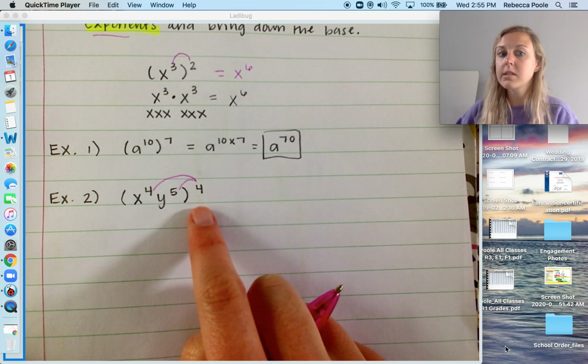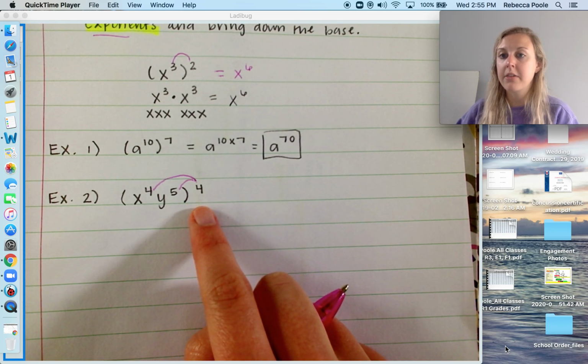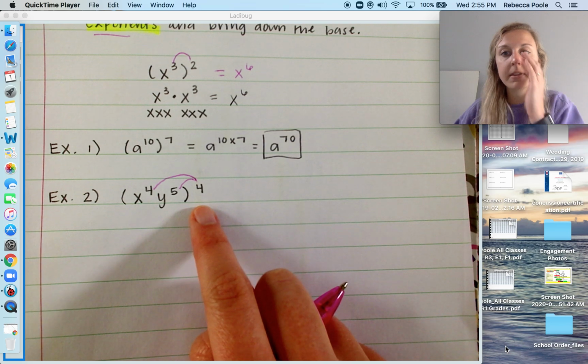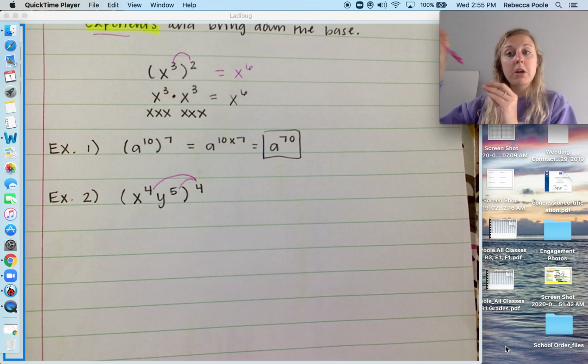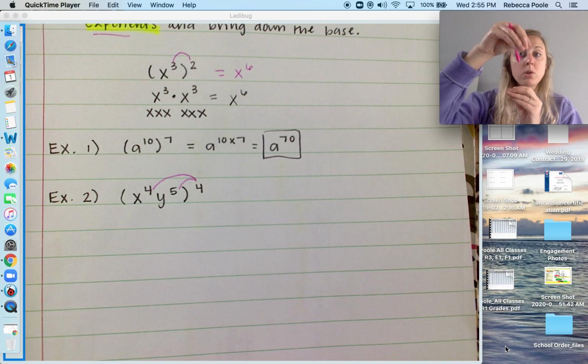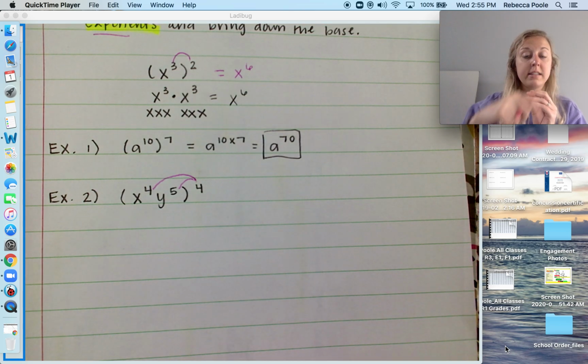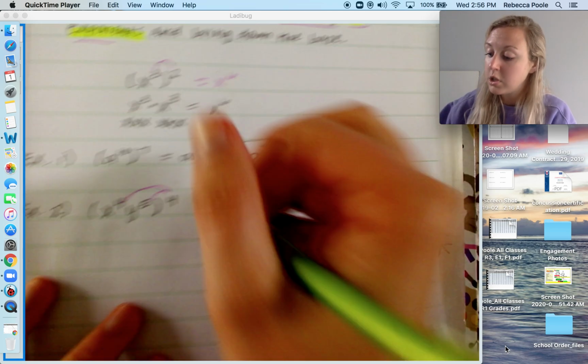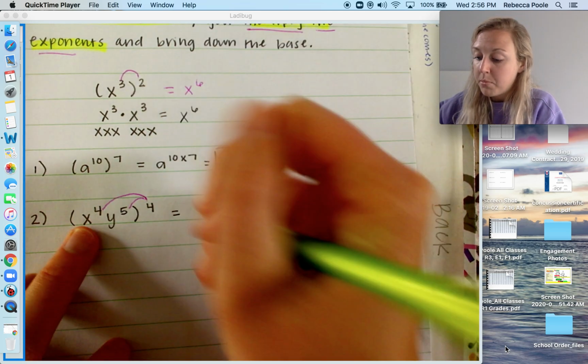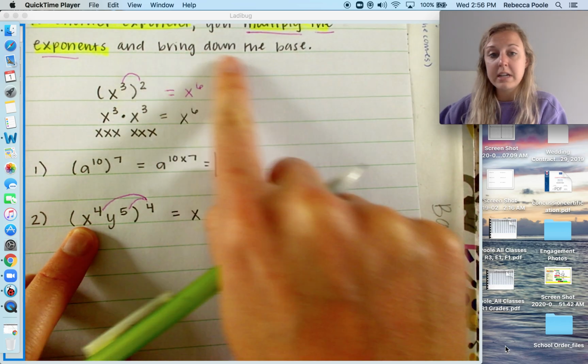So this looks like something we've been doing in math this entire semester. Distributing. Doesn't this look like distributing? So the exponent on the outside multiplies by all of the ones on the inside, and this actually gives us a good intro for tomorrow. So watch what you would do here. Bring down the x, because it says bring down the base, right?